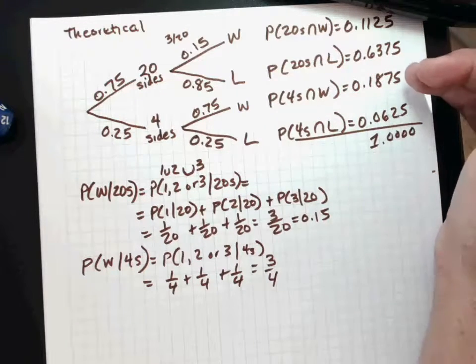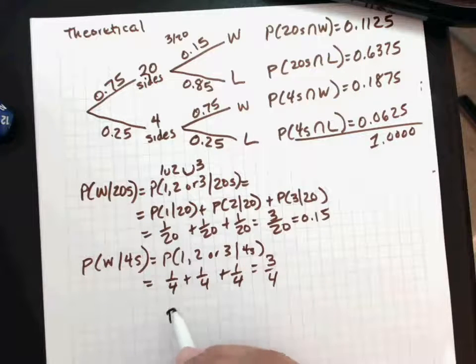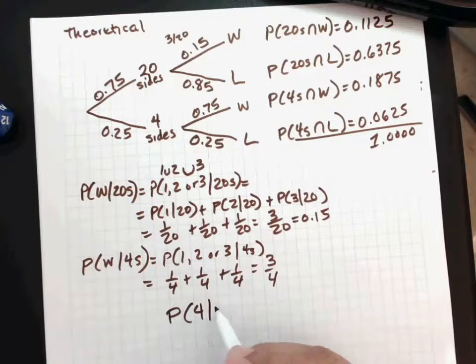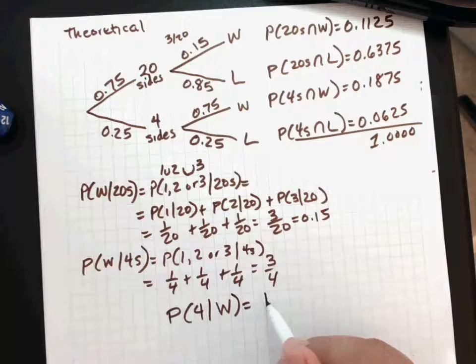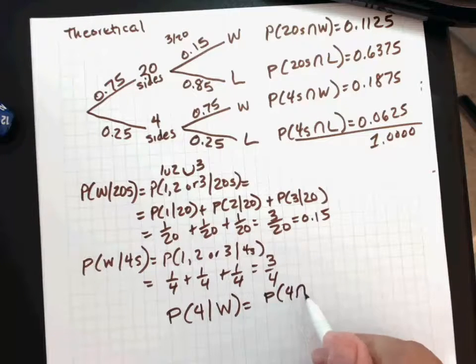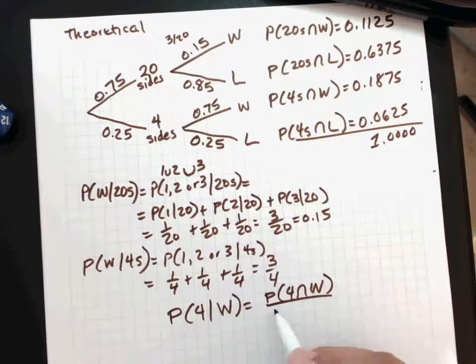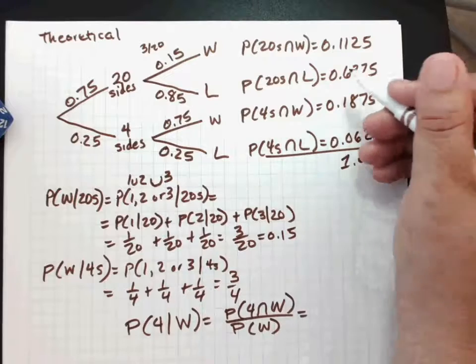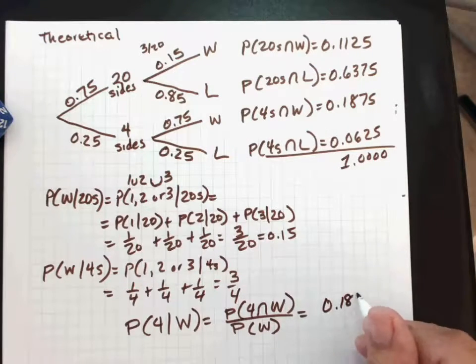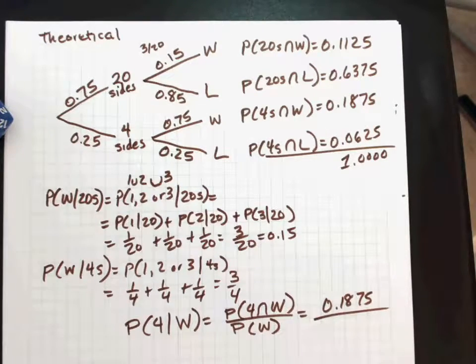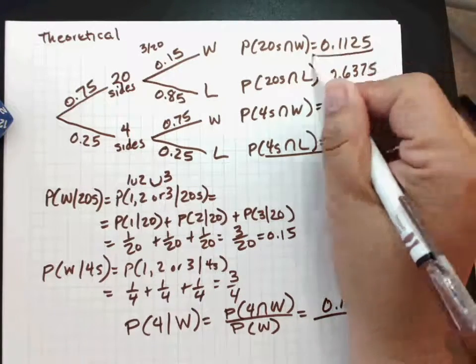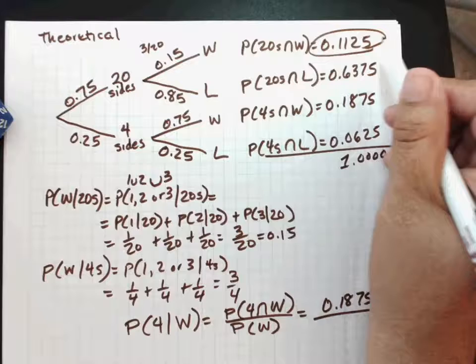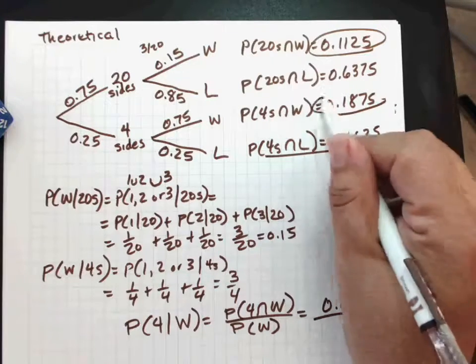All right. Now, what I can do, let's say I ask the probability that they had a 4-sided die, given that they won. Well, that's the probability of 4 and winning, all over the probability of just winning. Right? Well, the probability of 4 and winning is right here. It's 0.1875. The probability of just winning, well, which ones won? This one won right here, and this one wins. All right?